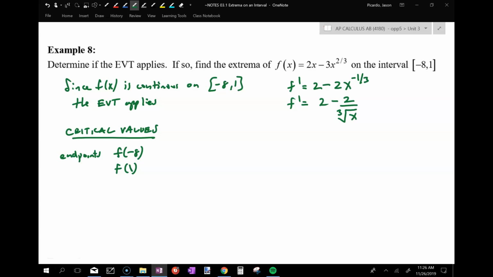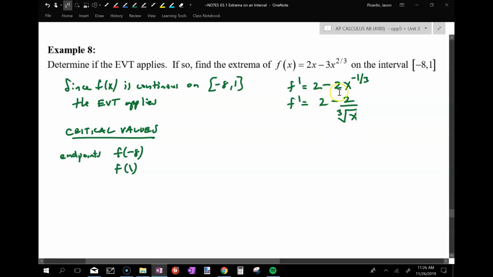How am I going to solve this, guys? Well, do you guys agree to do this? I need to have one fraction here, so I need a common denominator. Right now, this is over 1, right? So if I made this the same as that, I'd have to put one of these on top. So would you agree to rewrite it?